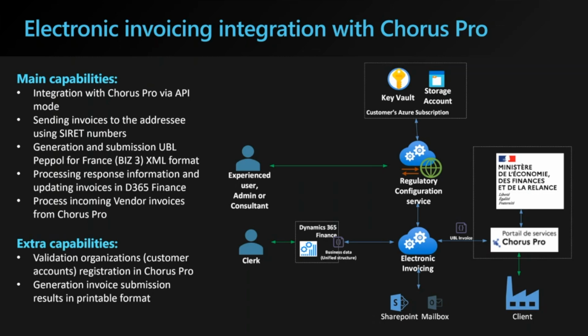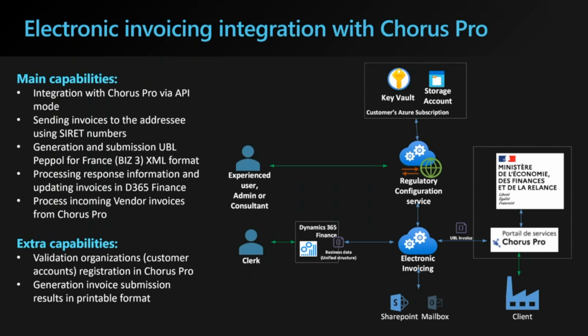So it means actually that during adding or maintaining your customer information, you will be able to specify and validate serial number and use it for validation of registration on Chorus Pro, as well as during invoice creation. You will be able to validate if the client is registered in Chorus Pro for further deciding if this invoice should go through Chorus Pro or not.